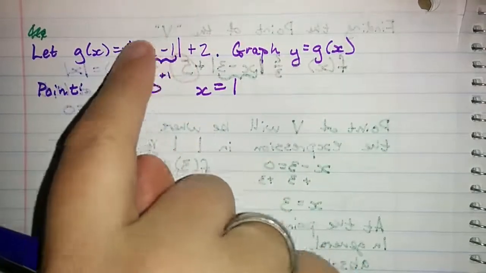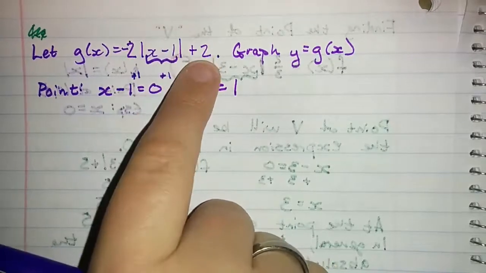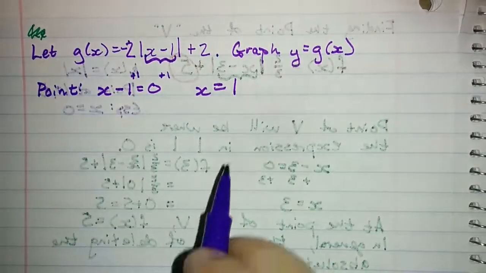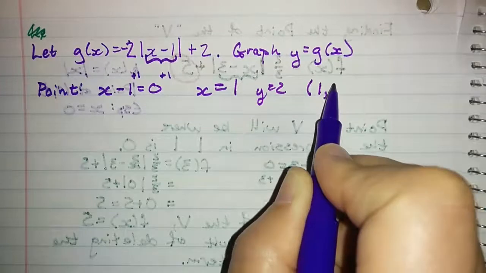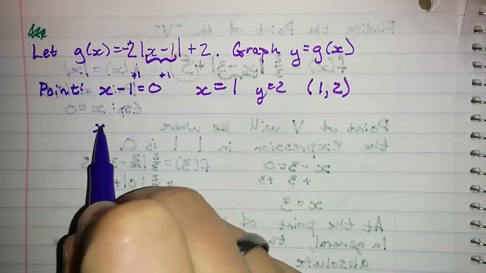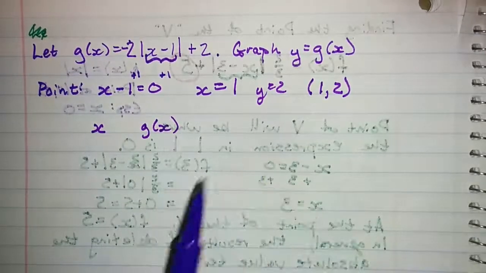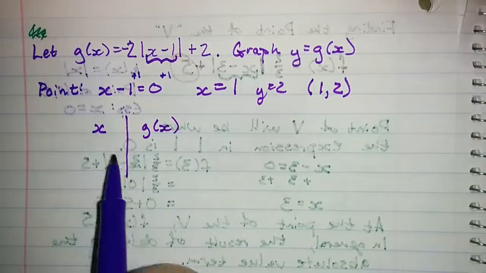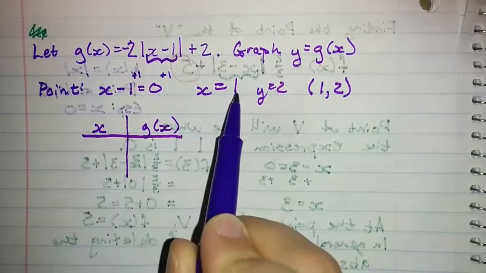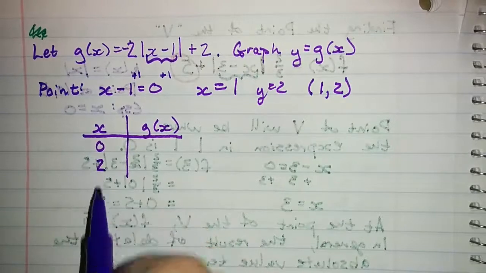Well, when this absolute value is 0, this whole term vanishes, and I'm left with 2. So my first point will be 1, 2. And now I need to pick 2 more values of x, 1 on either side of x equals 1. So I'm going to try 0 and 2.